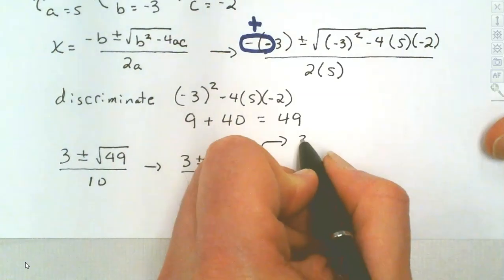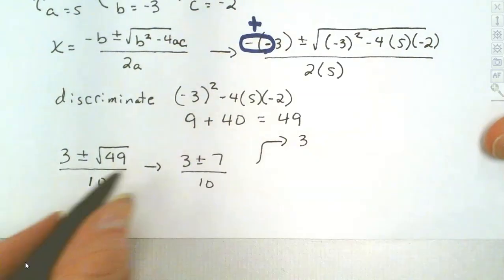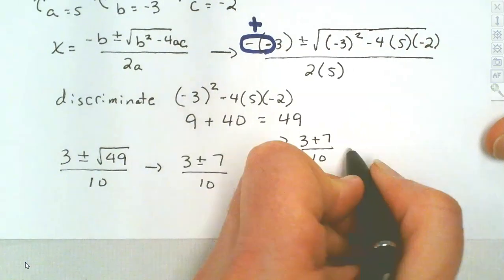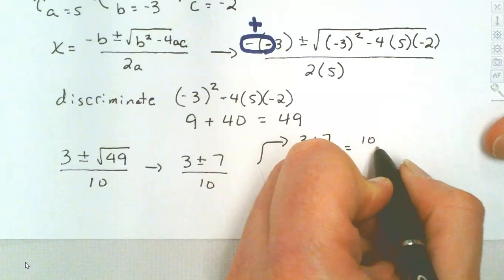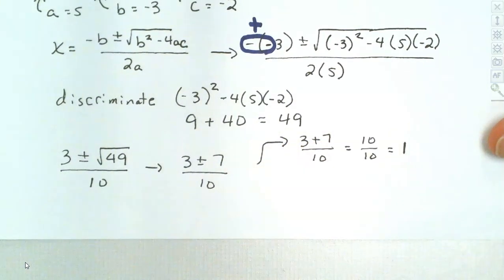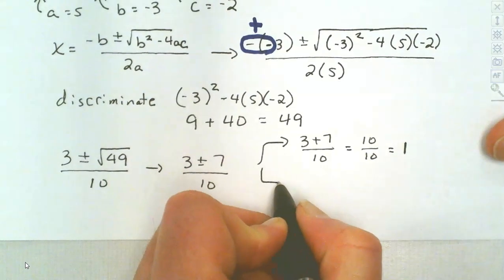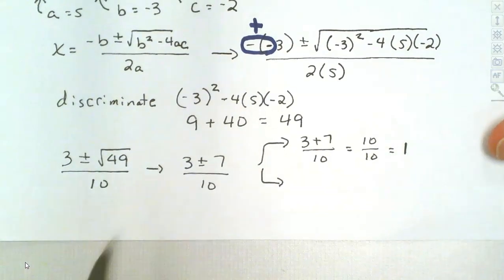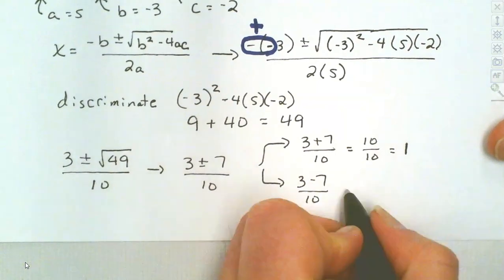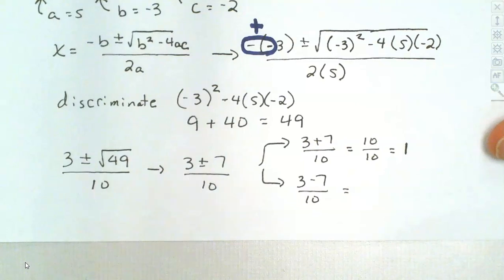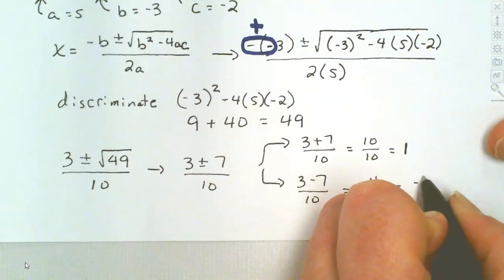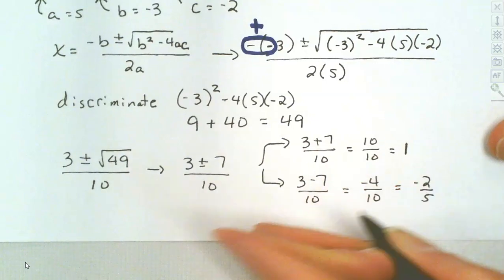So that's 3 plus 7 over 10, which is then 10 over 10, which is 1. So there's one solution. Our other solution is going to be 3 minus 7 over 10. And 3 minus 7 makes it a minus 4 over 10, which is then a minus 2 fifths.